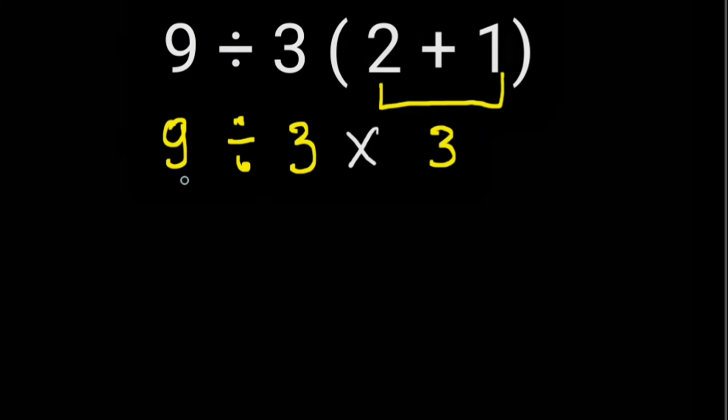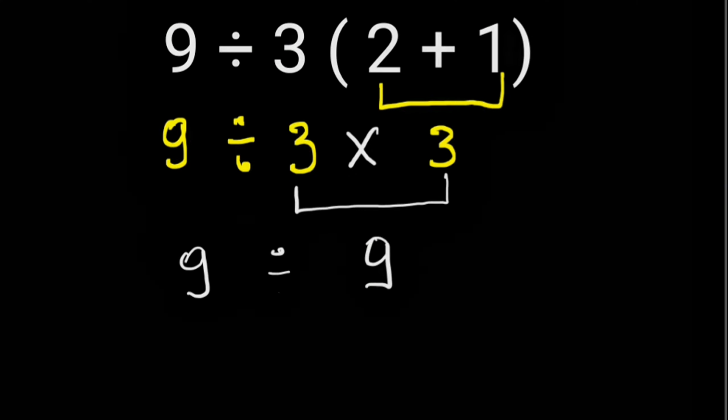So at this level, we have 9 divided by 3 multiplied by 3. Okay, 3 multiplied by 3 is equal to 9, and our new expression becomes 9 divided by 9, and 9 divided by 9 is equal to 1.